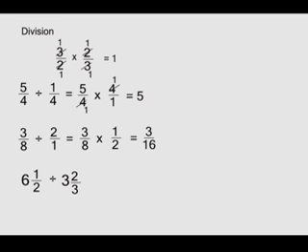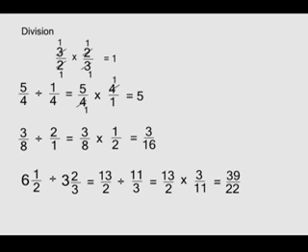We change them first into improper fractions. 13 over 2 divided by 11 over 3. Reciprocal of 11 over 3 is 3 over 11. So 13 over 2 times 3 over 11 will give us 39 over 22.